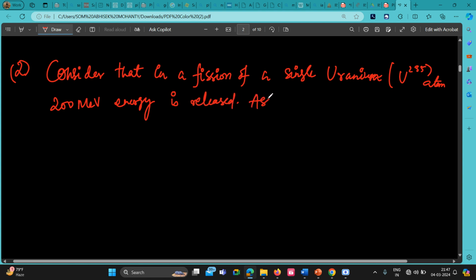Assuming all atoms of uranium undergo fission.